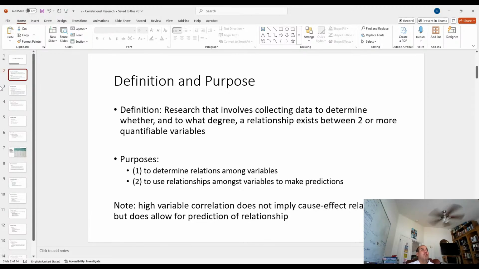And so the purpose is to determine whether there is a relationship, right? You can't always just assume that there was a relationship. Sometimes if you're in schools, and I'm using school examples because a lot of the students do end up working in schools in some way, shape, or form, right? In a school, sometimes if you're a school leader, you may make assumptions about, hey, I know that this kid's going to do well because I know that their parents are involved in school.